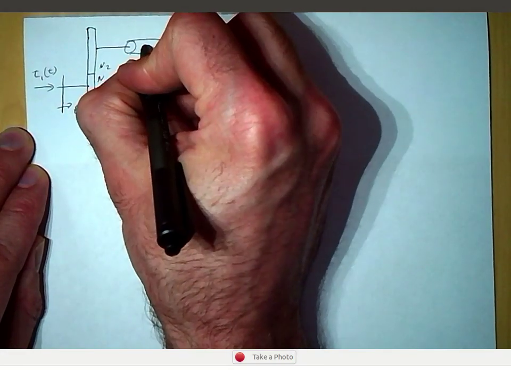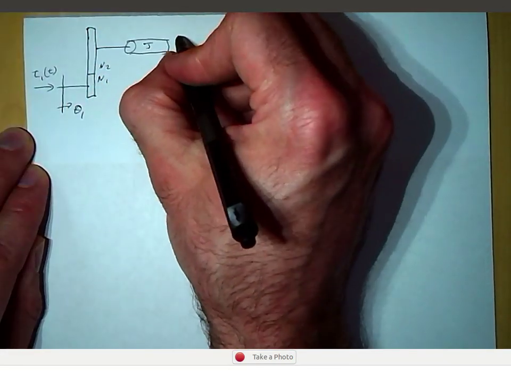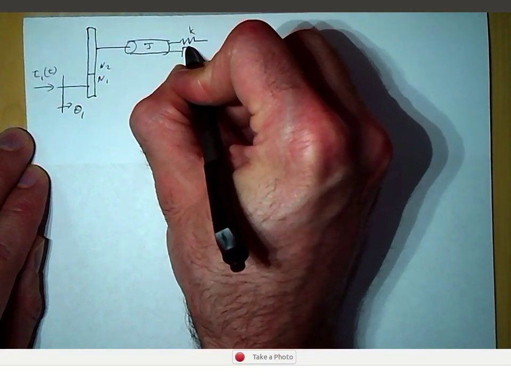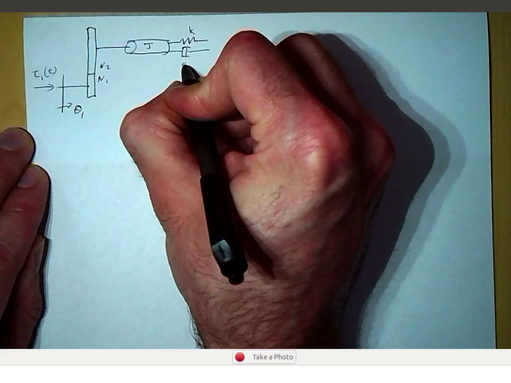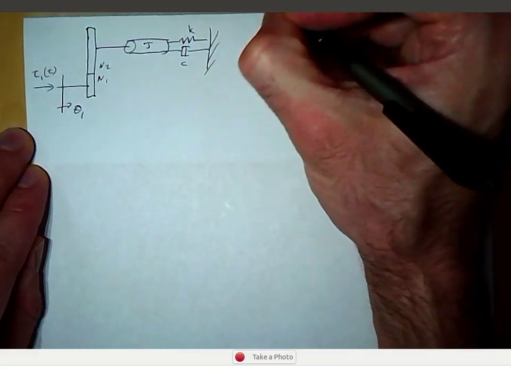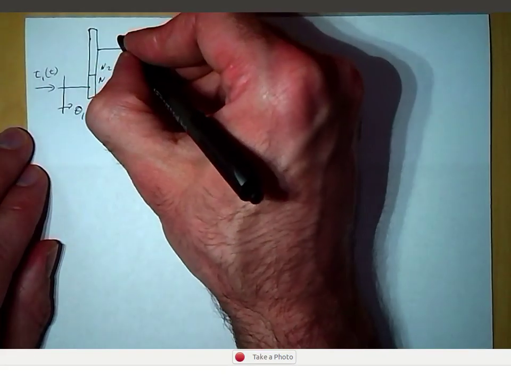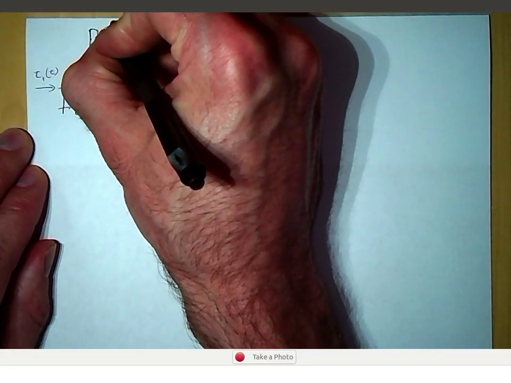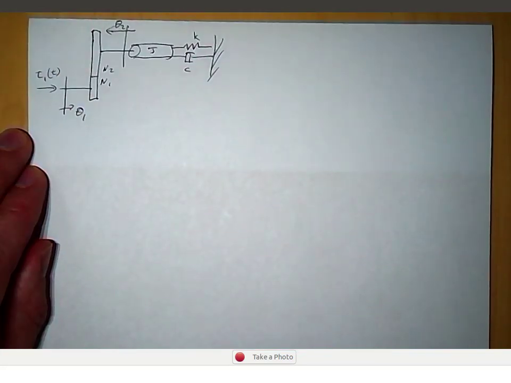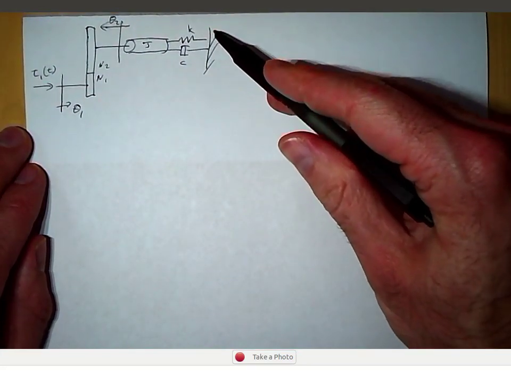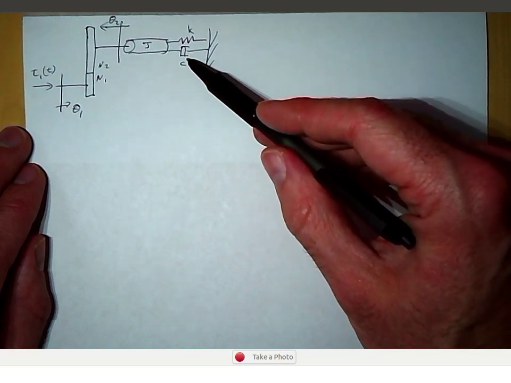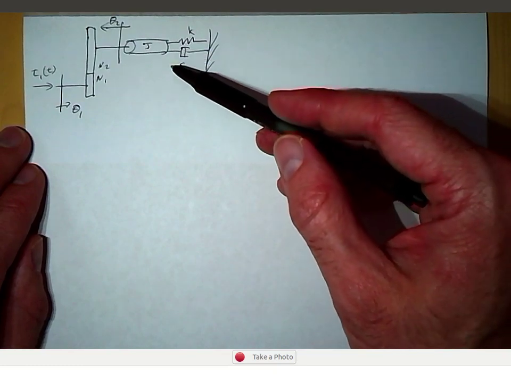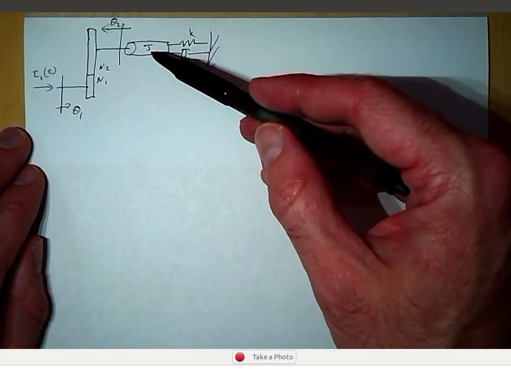We've got a moment of inertia, J, and we have a torsional spring, stiffness K, and viscous damping, C. The spring opposes the output shaft displacement, which is theta 2, with a force proportional to the displacement, and the damper viscous damping opposes motion with a force proportional to the velocity, theta 2 dot.